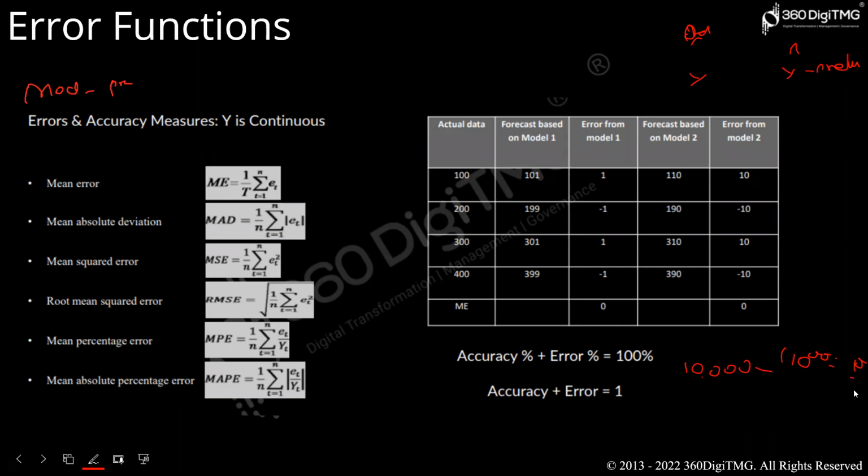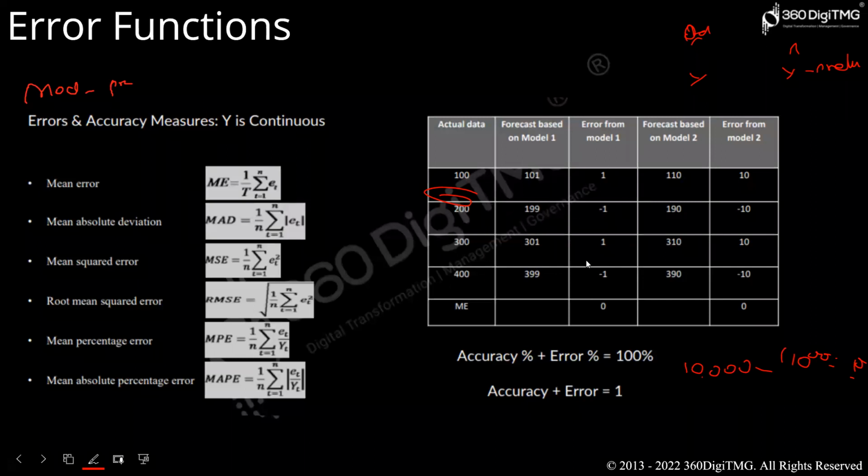The actual data is 200. So this is the error term: actual data minus predicted data.